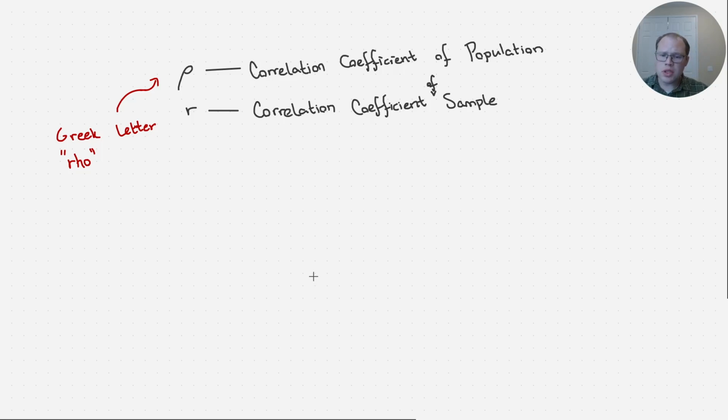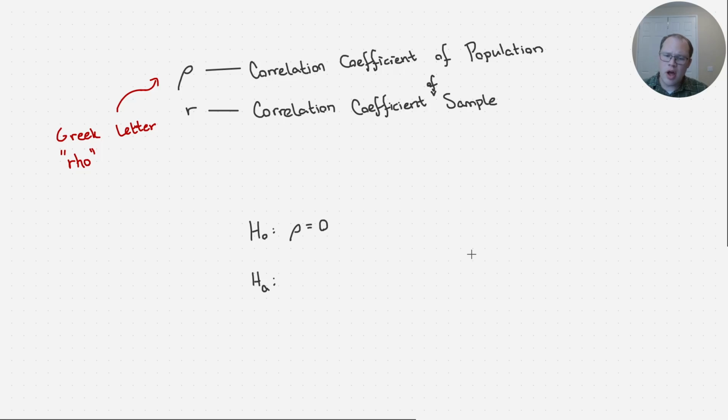Okay, so let's state our hypotheses for a hypothesis test of the correlation coefficient. We have two hypotheses. As usual, our null hypothesis and our alternative hypothesis. Our null hypothesis, or our default hypothesis, is that there is no correlation, that the variables are unrelated, right? Remember, there is no correlation when the correlation coefficient is 0.